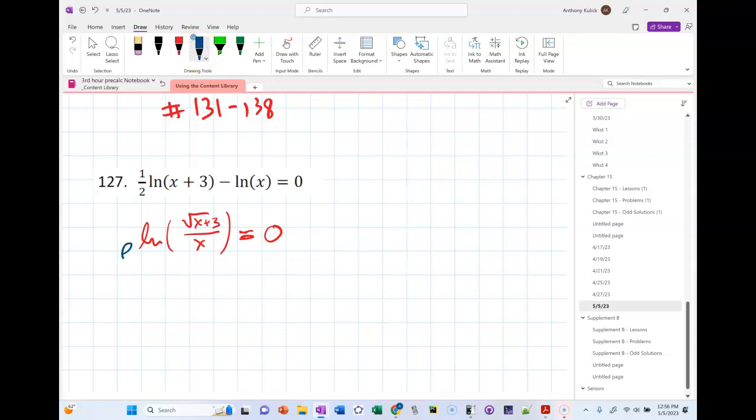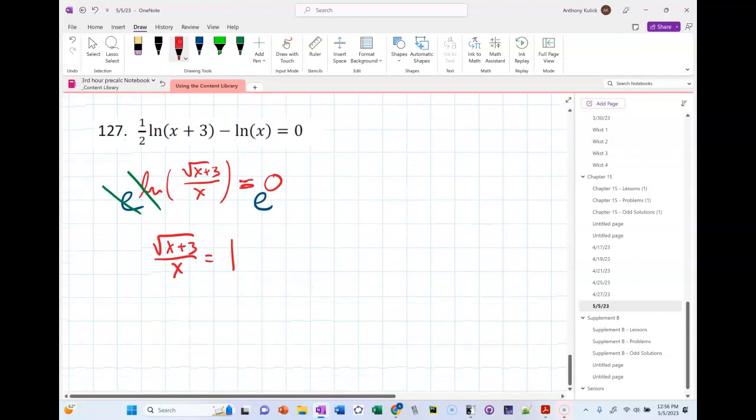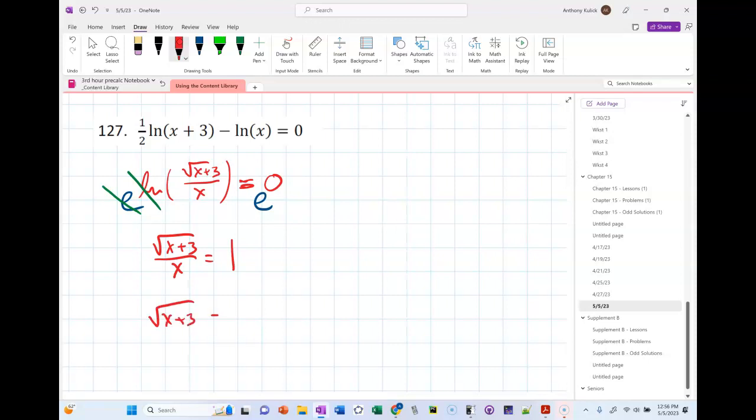Then I use the exponent base e on both sides. So that's going to cancel out the natural log, and e to the 0 is just 1. And then I'm going to cross multiply. So I get square root x plus 3 is equal to 1 times x.